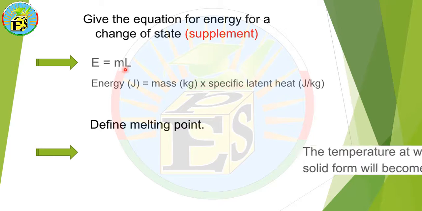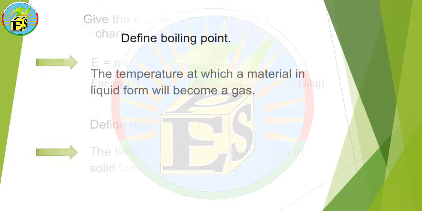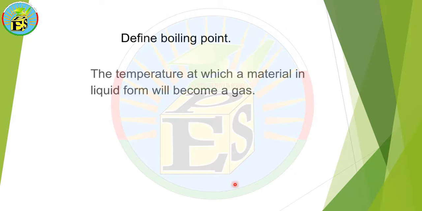Define melting point. Melting point is the temperature at which a material in solid form will become a liquid. Also define boiling point. Boiling point is the temperature at which a material in liquid form will become a gas.